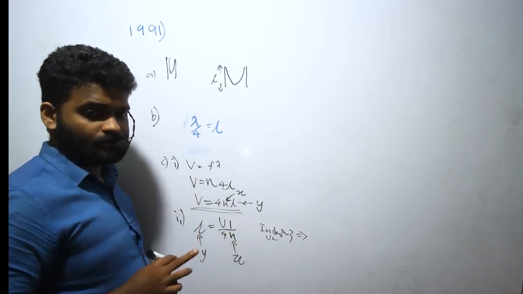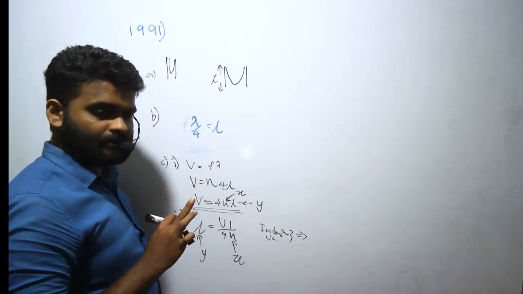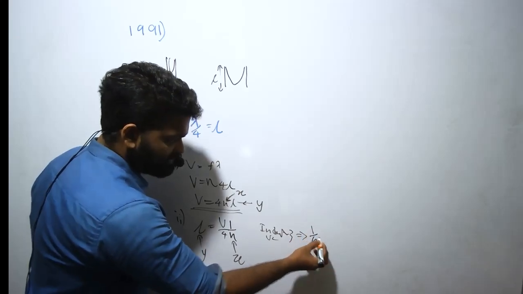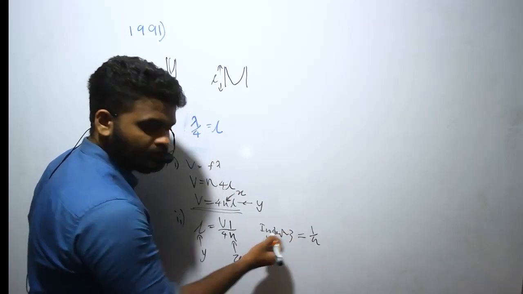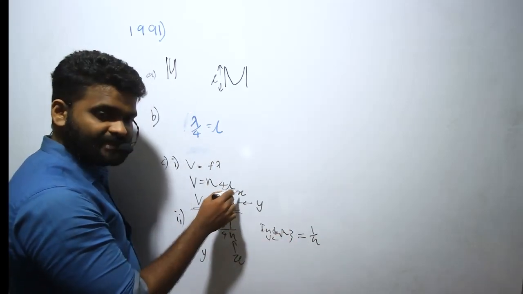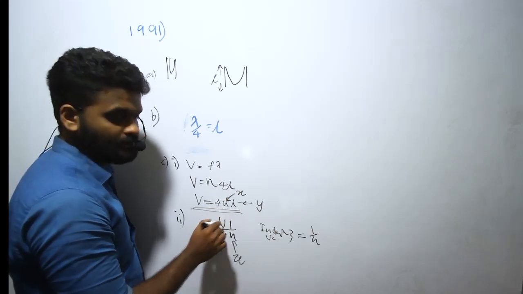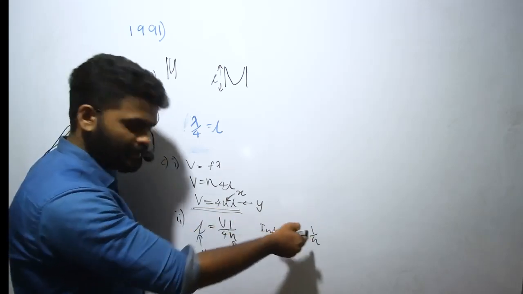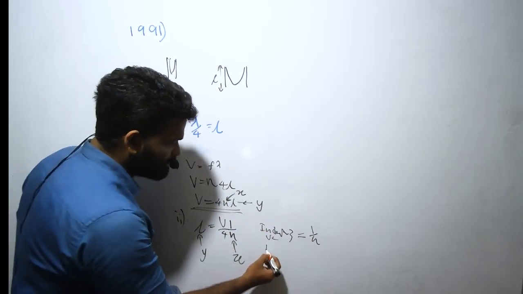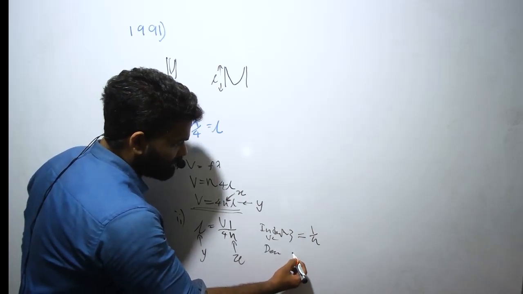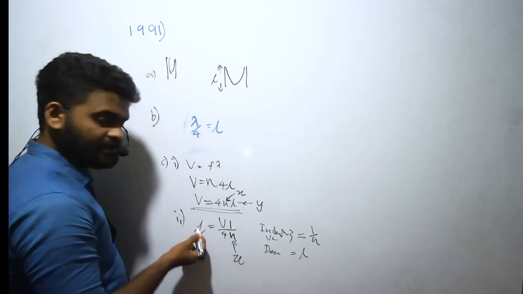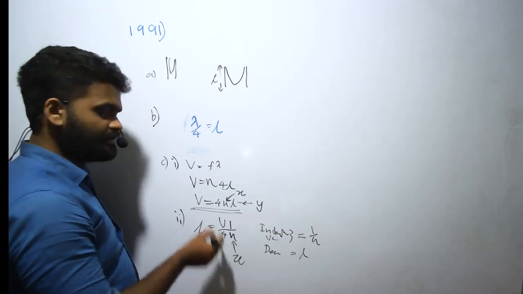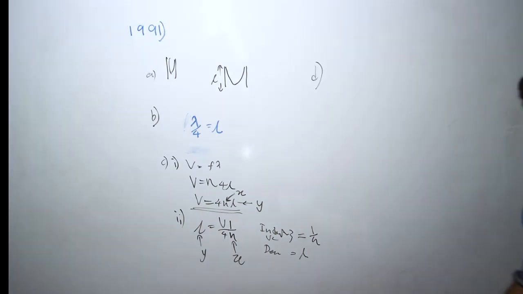If you write n, they won't give you marks. The independent variable is 1 over n. Here what I mean is that n is related to the independent variable, but the independent variable actually is 1 over n. Then the dependent variable is obviously L. Then the gradient is v over 4.